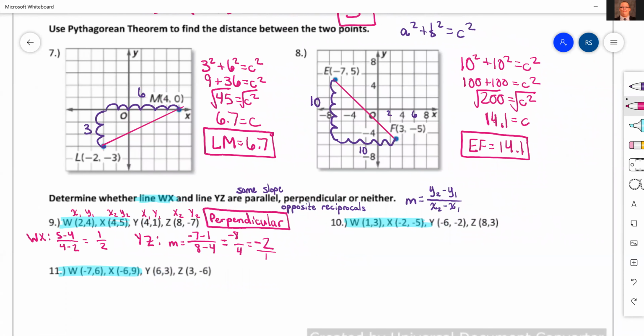Okay, number 10. Label my points. x1, y1, x2, y2. We're going to start with WX. So negative 5 minus 3 over negative 2 minus 1.